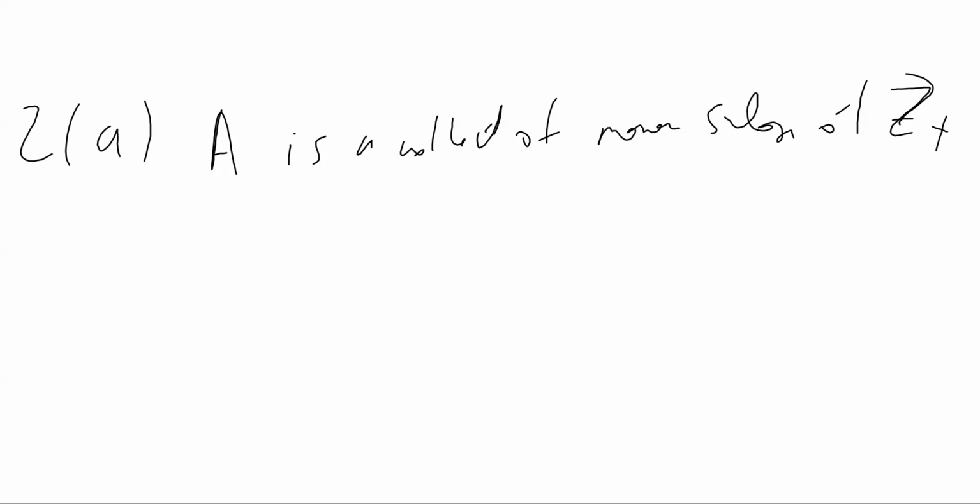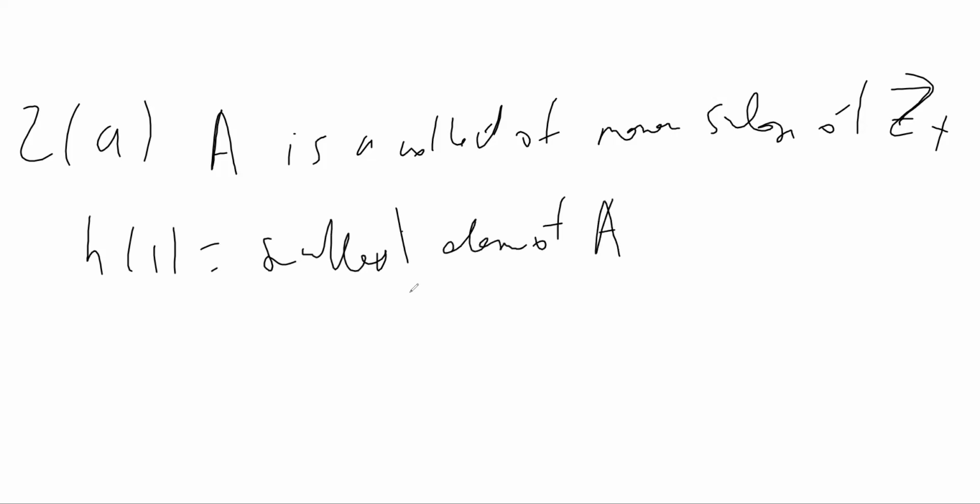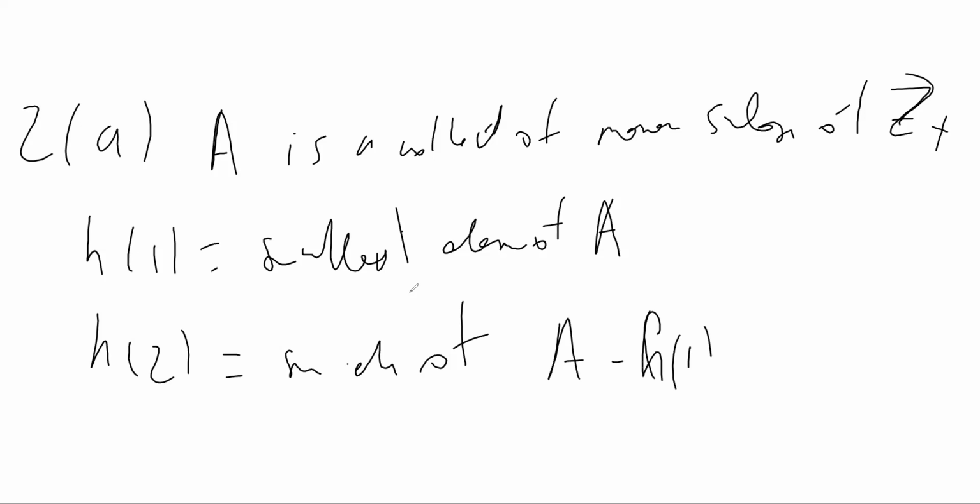Okay, well, actually, remember when I was telling you about a recursive function that we did in the previous chapter that is a well-defined function? I was reminding you of a function that looks like h1 is the smallest element of A, h2 is the smallest element of whatever is left in there, and so on, right?